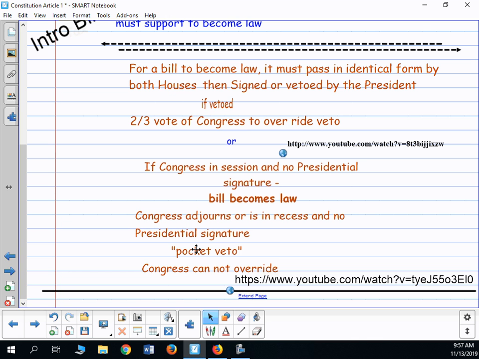If Congress adjourns or is in recess and there's no presidential signature, again, he's chosen not to sign, then this is known as a pocket veto, and Congress cannot override. So this clause here is known as the presentment clause, meaning this is how a bill is dealt with by both the House and the Senate. But it doesn't really go into the process, and that's what we're going to do. We're going to look at the process. We're going to do that right now.